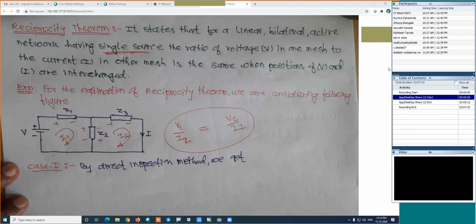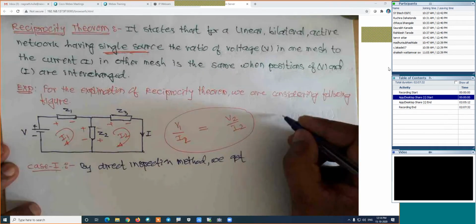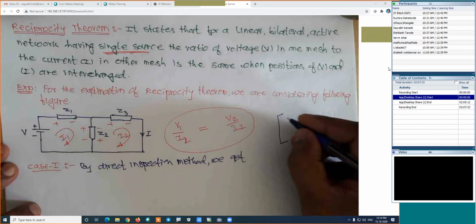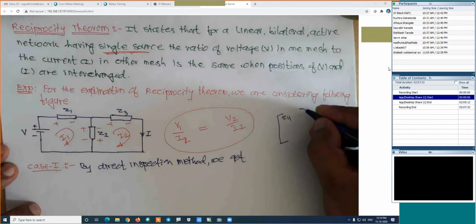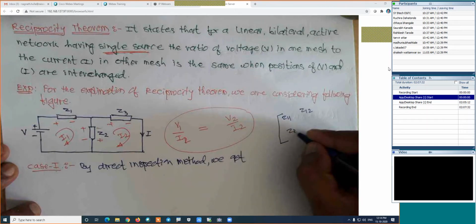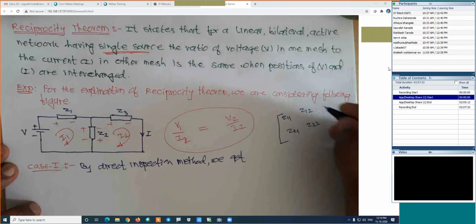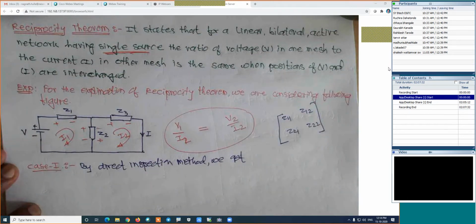Here is the verification. That is nothing but the explanation part of this theorem. If we are using the direct inspection method, how is it done? Here for two loops, this is Z11, Z12, Z21 and Z22. Similarly, resistance में हम कैसा लिखते हैं? R11, R12, R21 and R22.